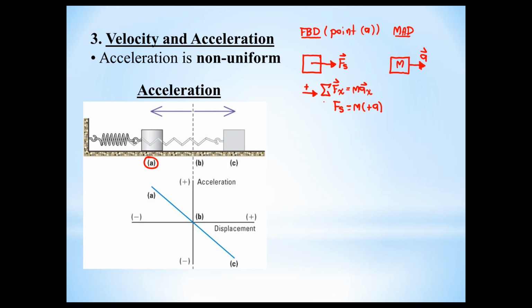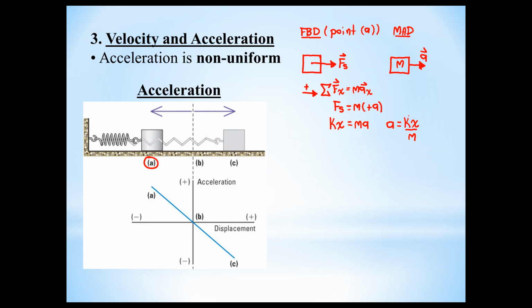Now, we have an equation for the restoring spring force. According to Hooke's law, the magnitude of the restoring spring force is just the spring stiffness or constant times the magnitude of my position from equilibrium, and that would be equal to m times a. If I manipulate this equation for my acceleration, I would then have a is equal to k times x over m.